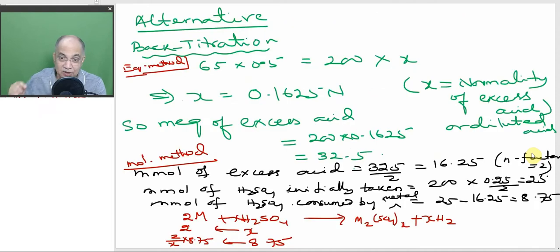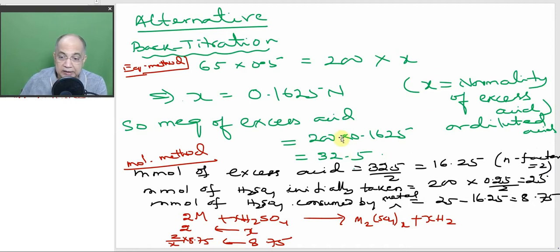Now let's look into the real logic. Supposing we will solve this problem in mole method. First, the titration, well, yes, V1 N1 equals V2 N2. So we did that. The equivalent concept was applied to the back titration.